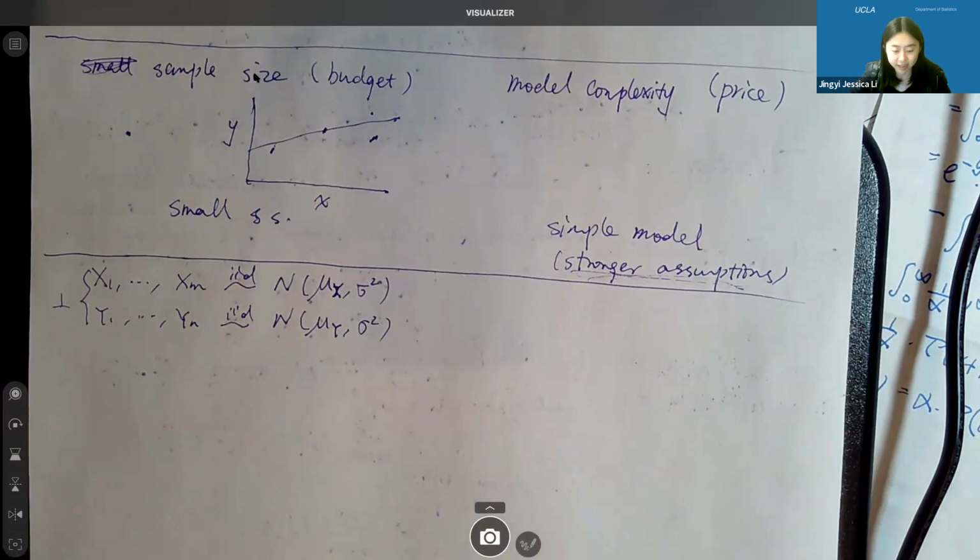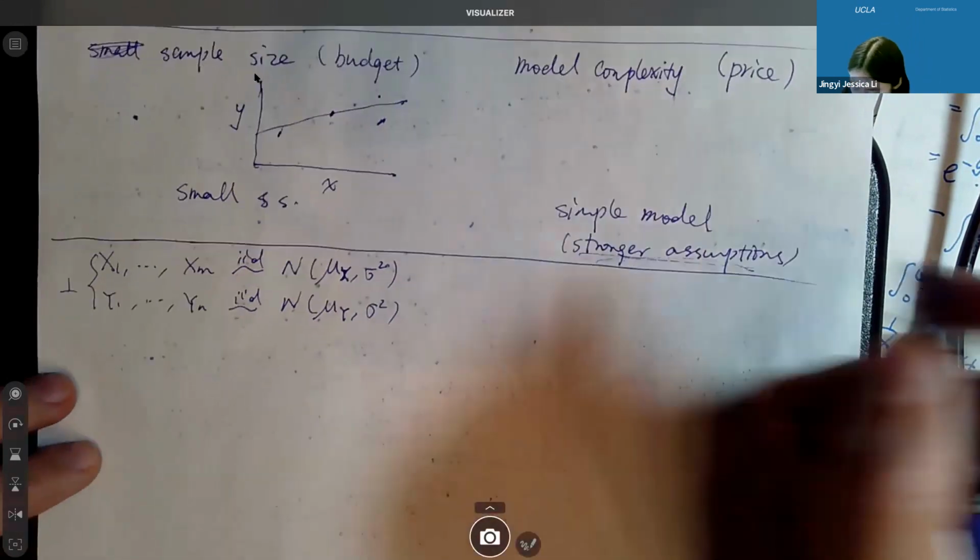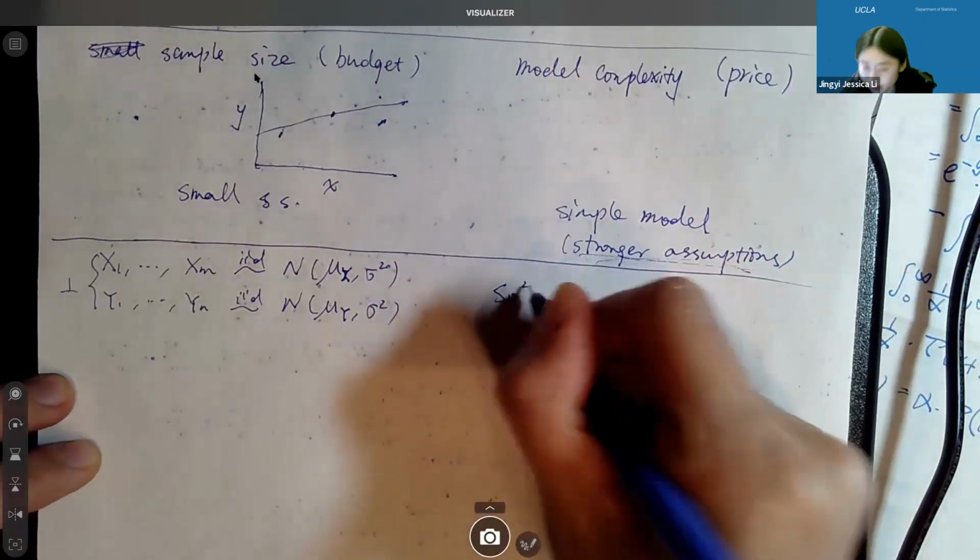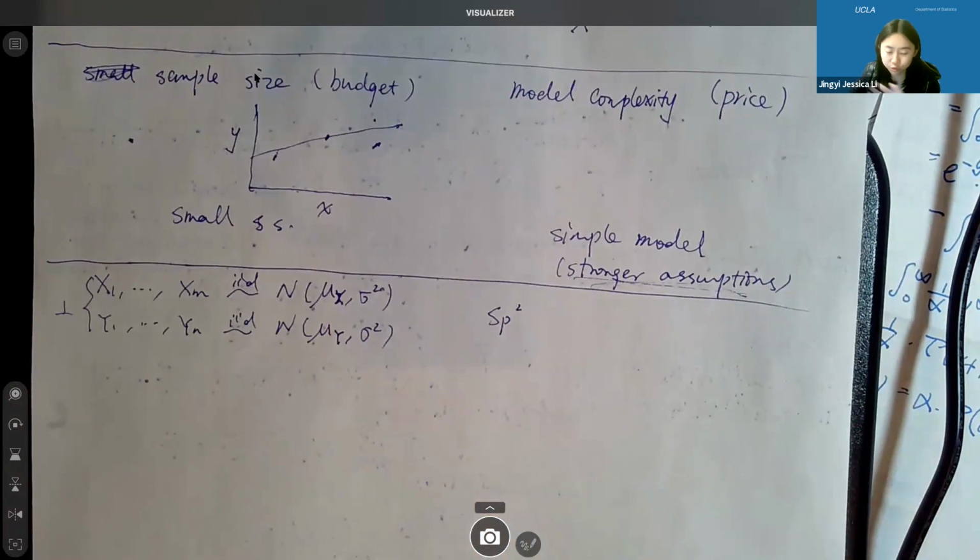In this setting, we define the pooled sample variance, SP squared. I'm not going to write down the formula again, but it was in our previous notes.